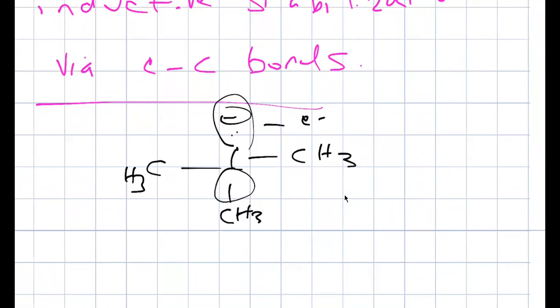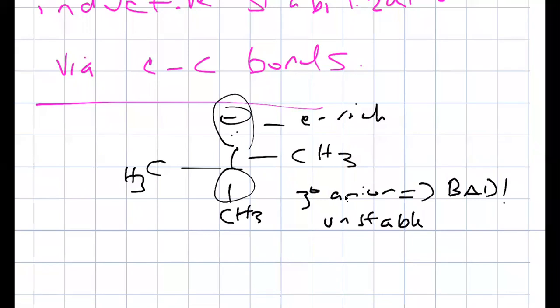So because it's electron rich, it does not want a bunch of electrons around it. So a tertiary anion is the absolute worst anion that you can make. Right? It's a very bad situation, very unstable. So the anions follow the opposite trend. Tertiary is the worst, methyl is the best.